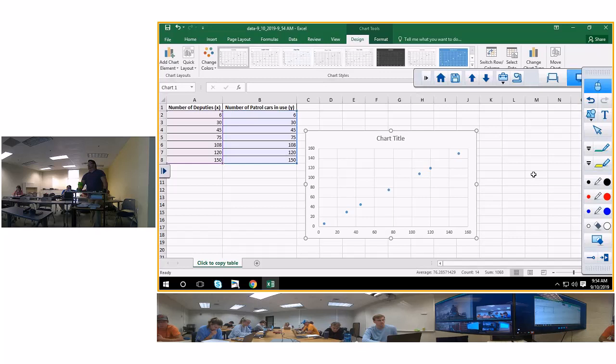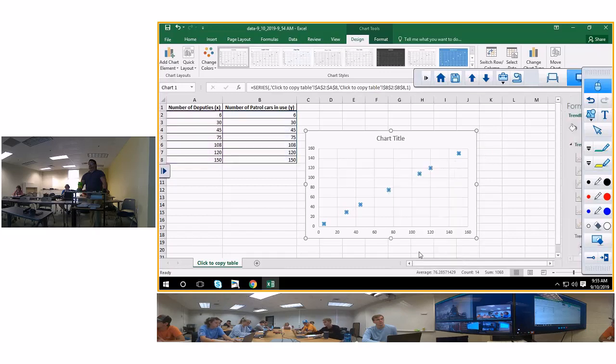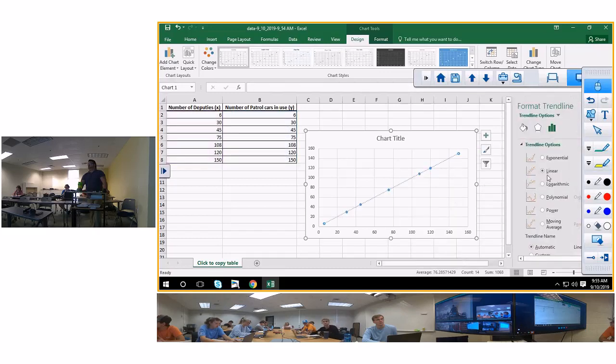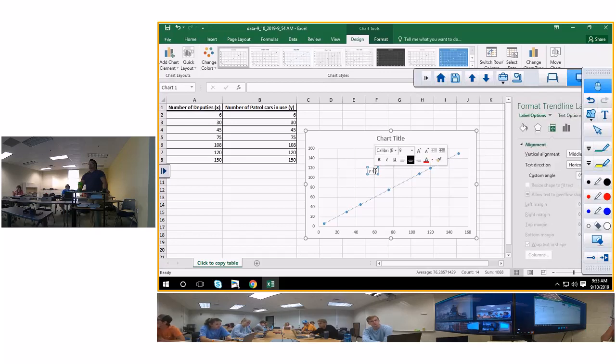Now this looks like a linear function, does it not? Yeah, it does. So I'm going to right click on one of the dots, add trend line, and it's going to be a linear, and I'm going to go down to the bottom, and I'm going to hit the display equation. And I'm going to make it a little bit bigger for y'all.